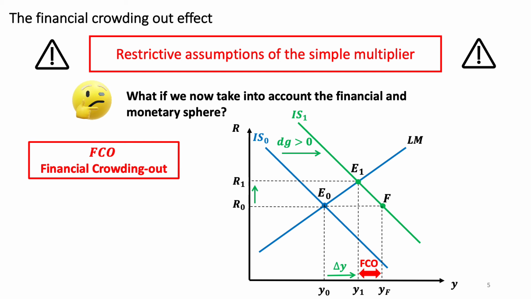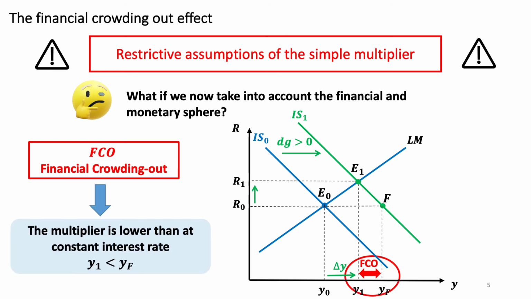The public spending replaces or crowds out private spending. The multiplier is therefore lower than at constant interest rate. Graphically, the crowding out effect is the difference between YF and Y1.